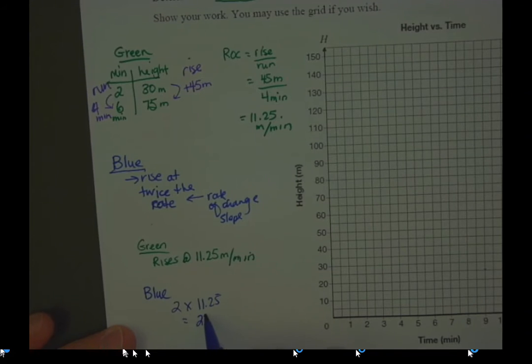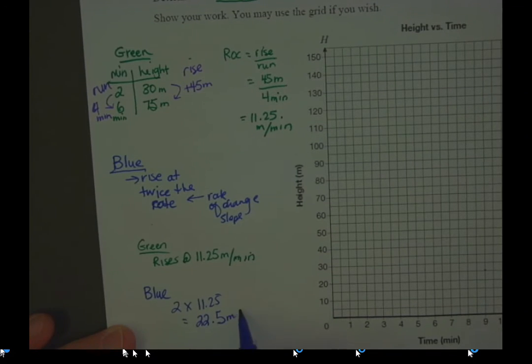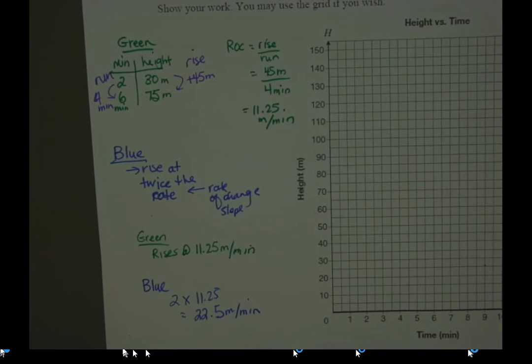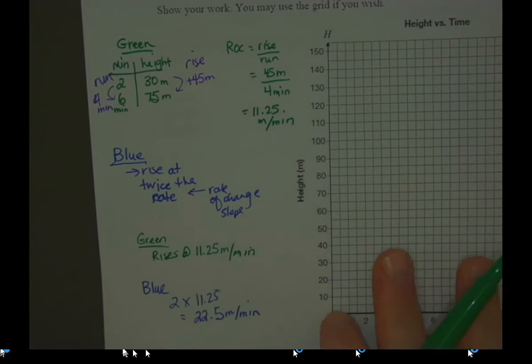And if I do that, that'd be 22.5 meters per minute. So the idea here is we're using rate of change and we're making modifications from one quantity to another quantity. And we could do the same thing on the graph.